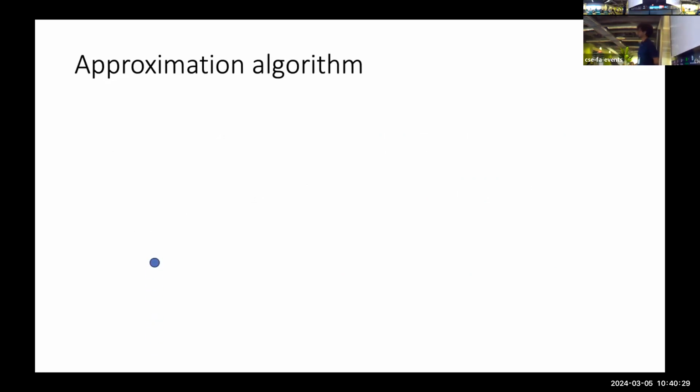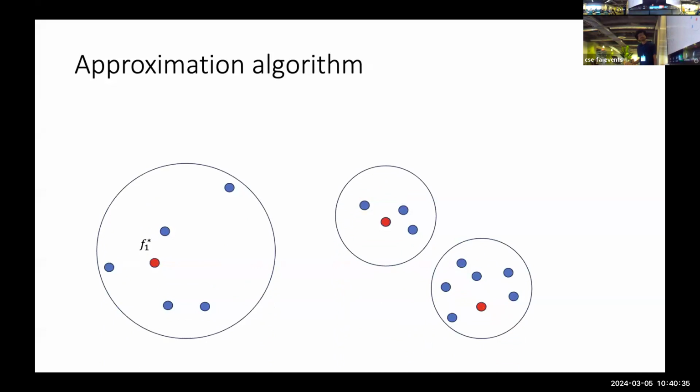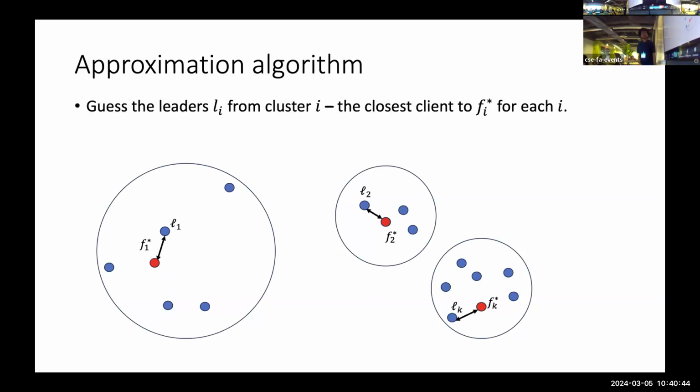So let's see how to get the 1 plus 2 over e approximation. First you look at the optimal clustering. It has some optimal centers, F1 star, F2 star, Fk star. And what we're going to do is guess the leaders from each cluster.